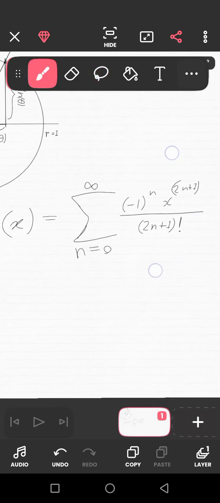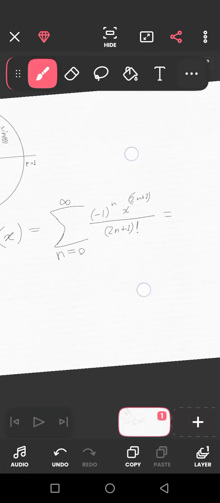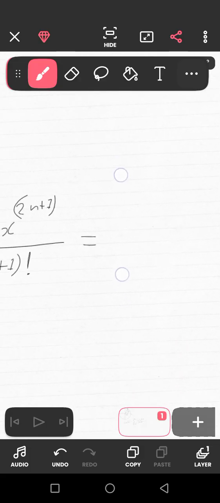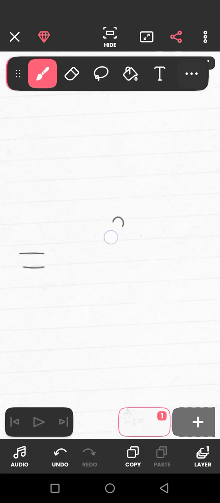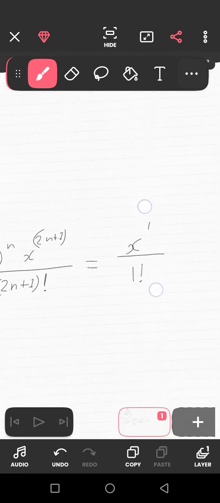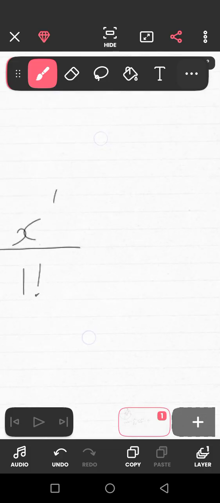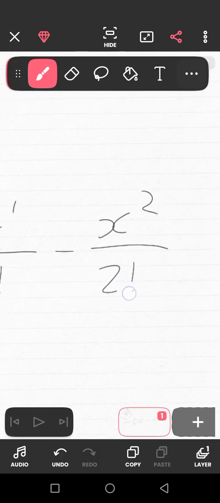So what does this infinite summation, or infinite series, mean? This is a summation notation. So this is equal to x raised to the power of 1 over 1 factorial minus x squared over 2 factorial.